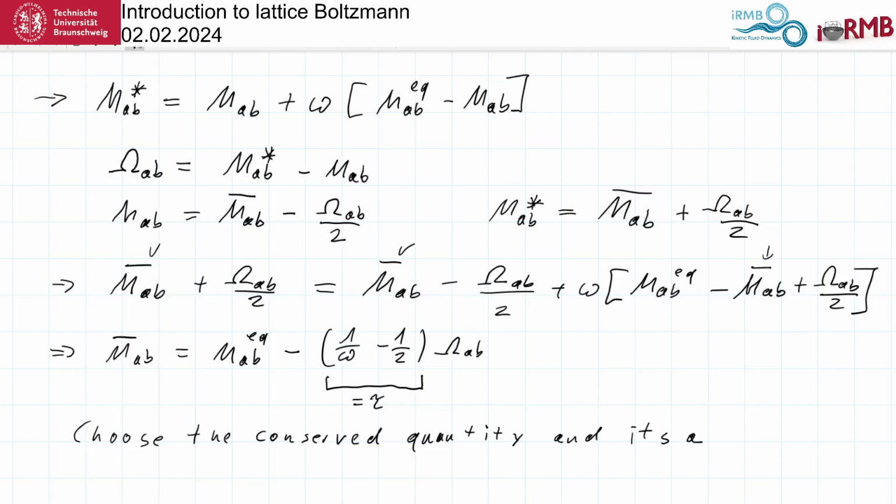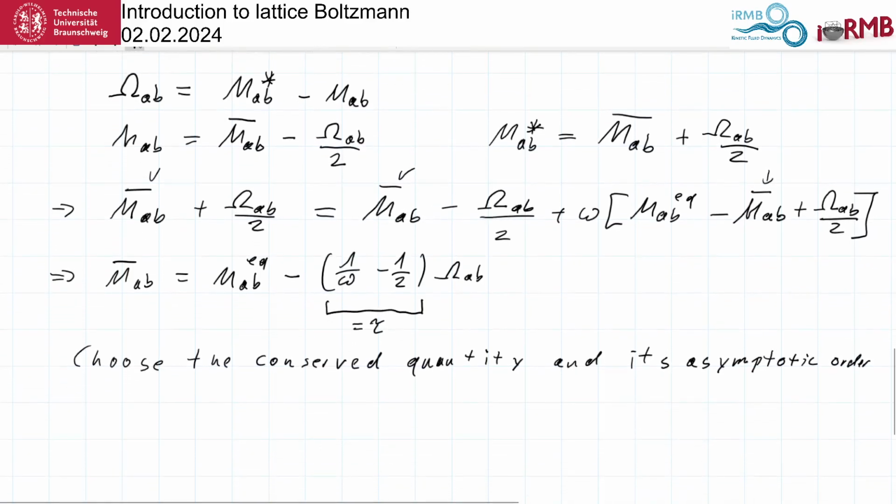This is also not unique. What we choose here is M00 to the zeroth order. This is supposed to be our C, the quantity for which we want to solve the equation.